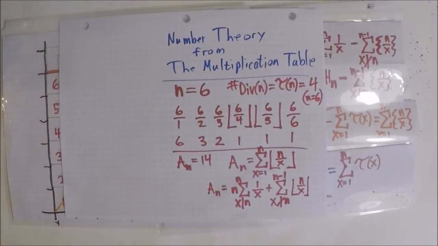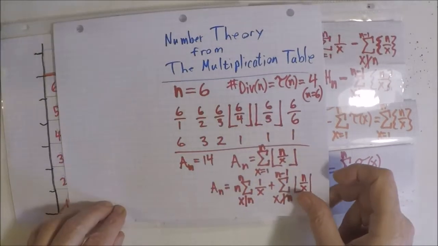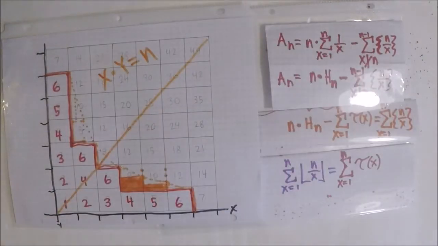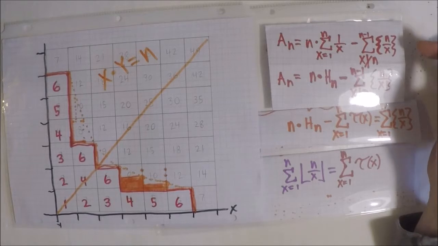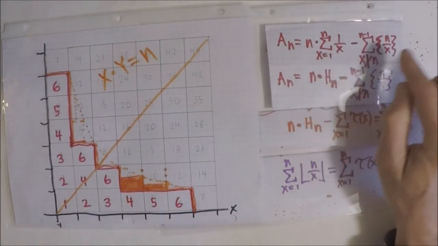This is part 2 of number theory from the multiplication table. In part 1 we developed these relations involving the integer part of a fraction, the fractional part of a fraction when there's a residue, the harmonic number, and the tau function.